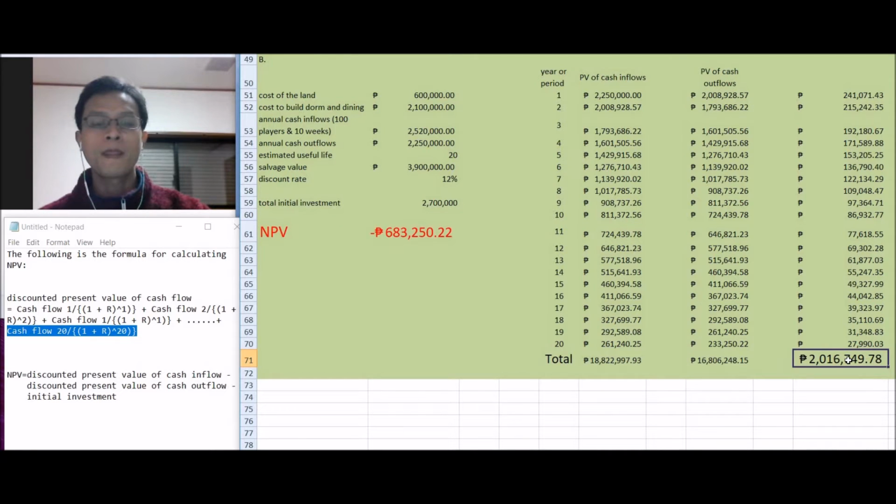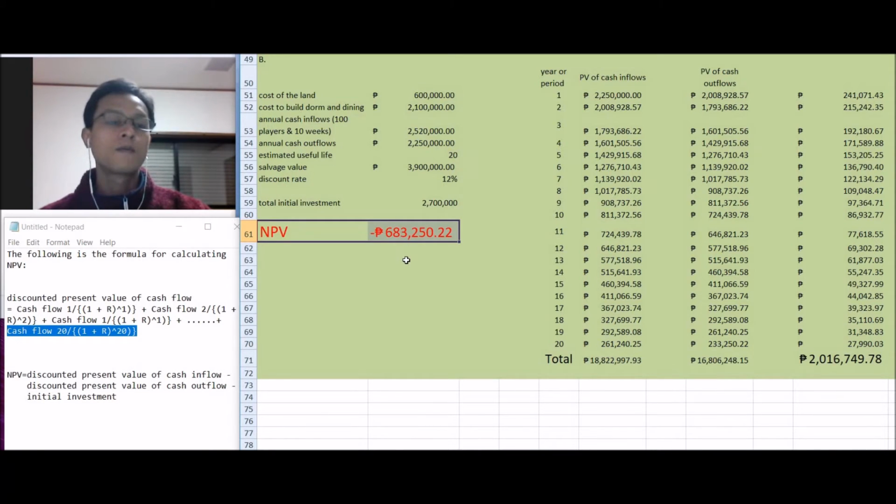Then from this amount, subtract the total initial investment, which is 2,700,000. It should give this negative NPV here, the present value of negative 683,250 and 22 centavo.